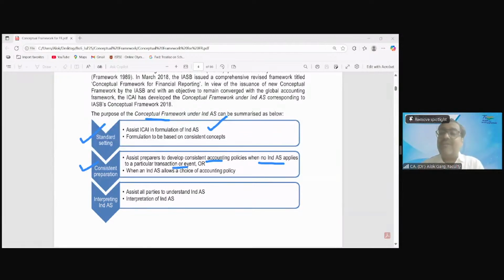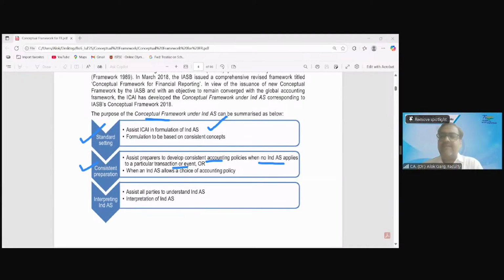So this framework is also helping when no Ind AS is available for a particular item. When you read Ind AS 8, which has not been covered as of now, it will be covered in the next to next classes.